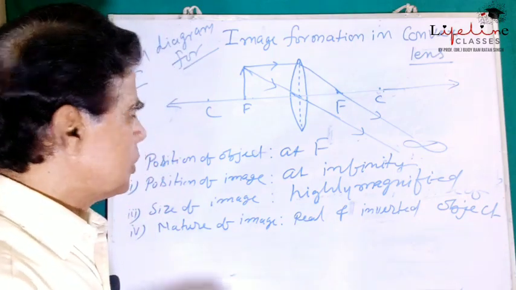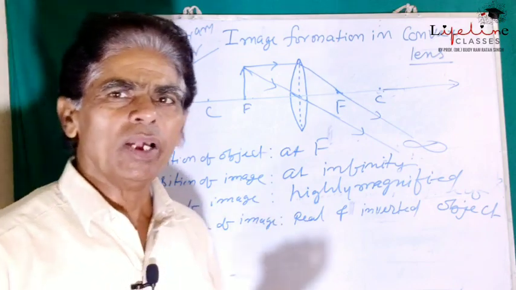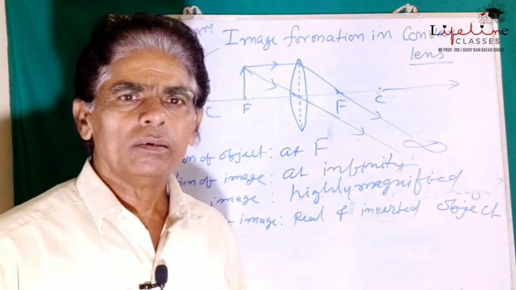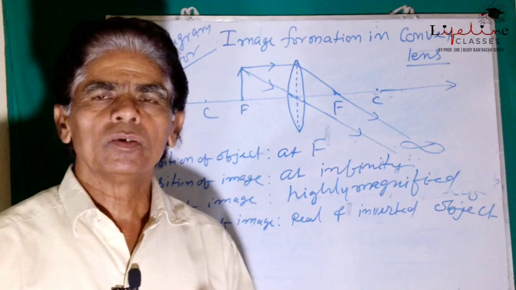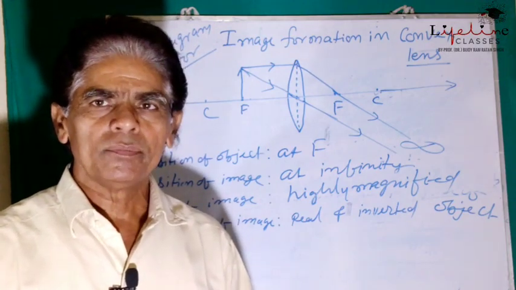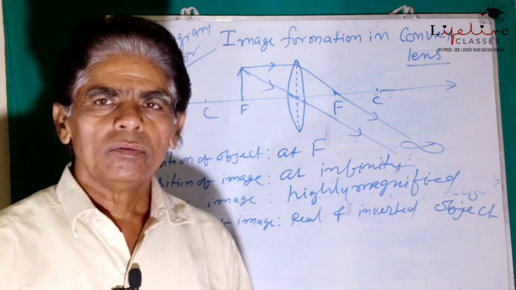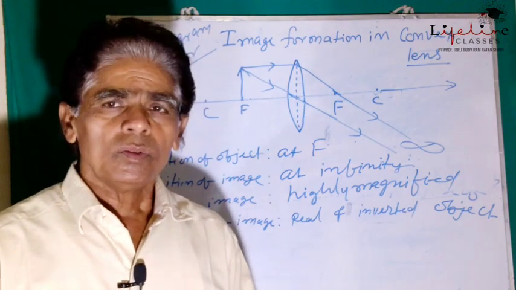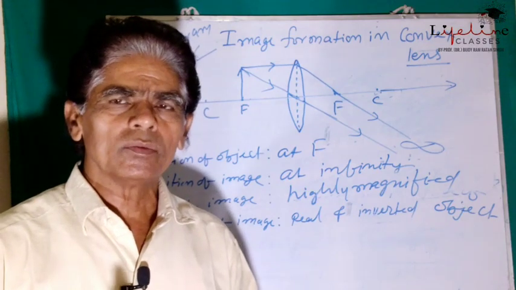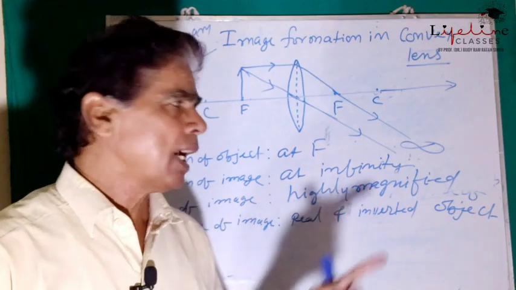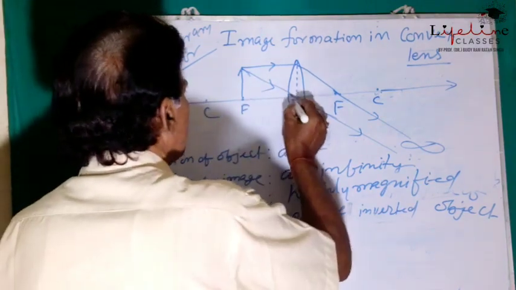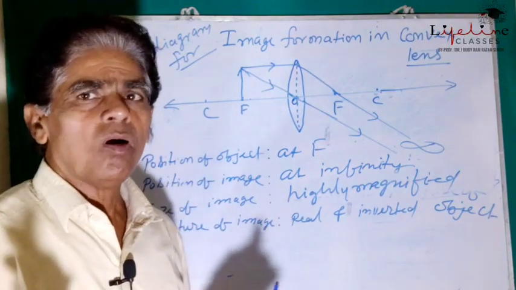So up to this state, all the images were very clearly obtained on the screen, real and inverted. But now let us consider the sixth situation, when the object is placed between principal focus and optical center, F and O. Then what will be the position of image?